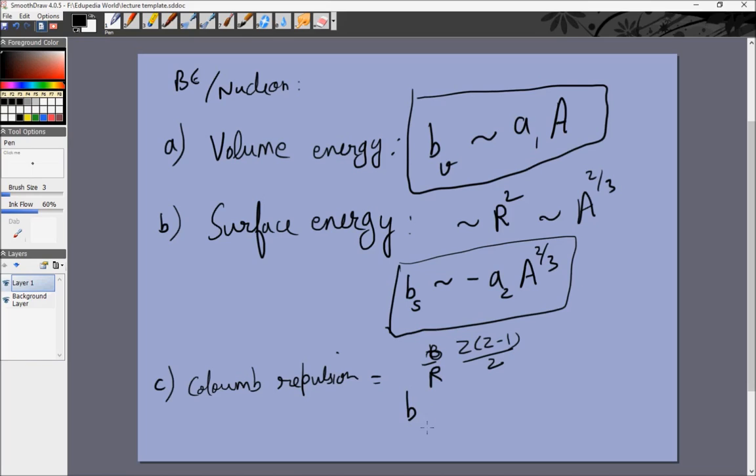So this is called the Coulomb repulsion, and it is approximately minus A3 Z into (Z minus 1) by A to the power 1 by 3. We've assumed this constant to be 2 into A3.